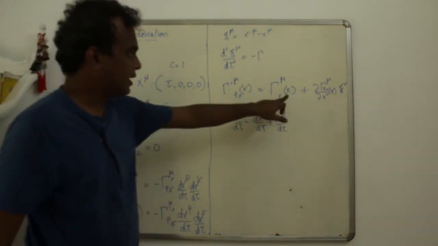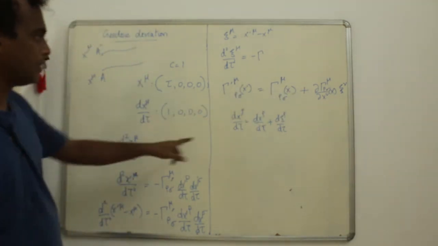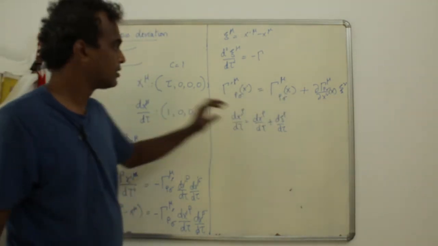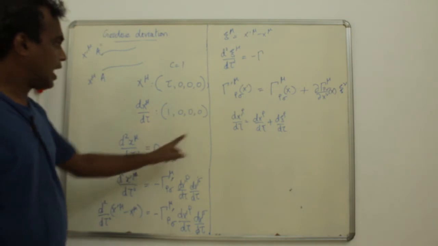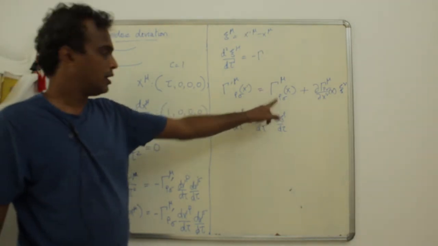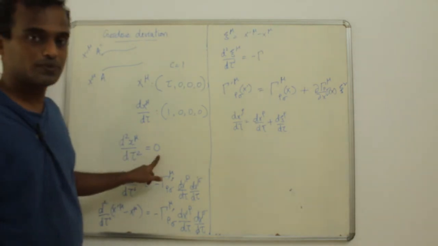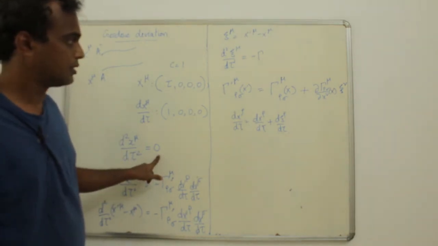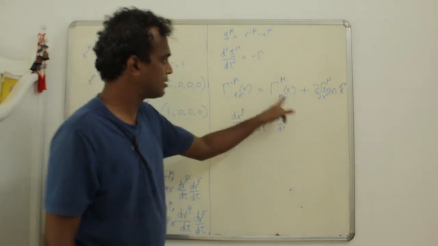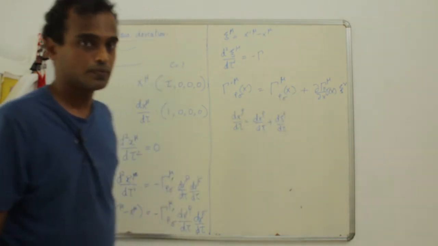Now notice that at point A in coordinates x, the gamma at point A is 0 according to this geodesic equation. Thus, the leading term in this Taylor series is 0.